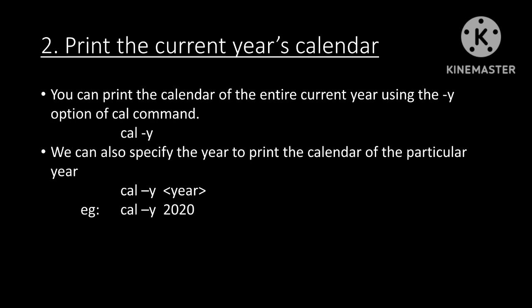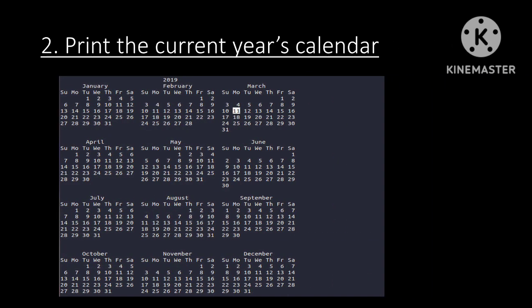Like shown in the slide, it will be cal -y 2020. Then it will display the 2020 calendar in the output, where the current month and the date is highlighted.